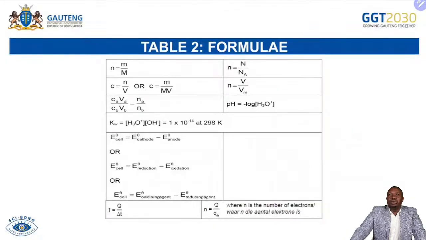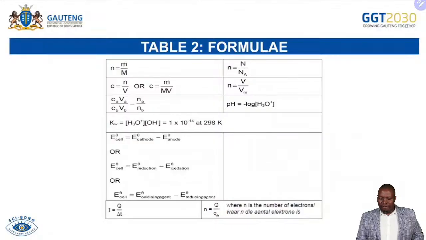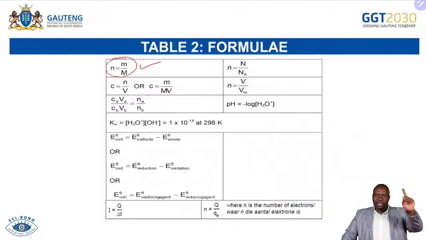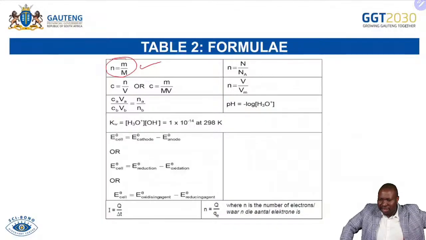Now, when it comes to Table 2, which is on formulae, if we are given the mass, definitely the mass is not for decoration. That is the formula in Paper 2. When you see mass, you go with it. You must be able to calculate the number of moles when the mass is given.